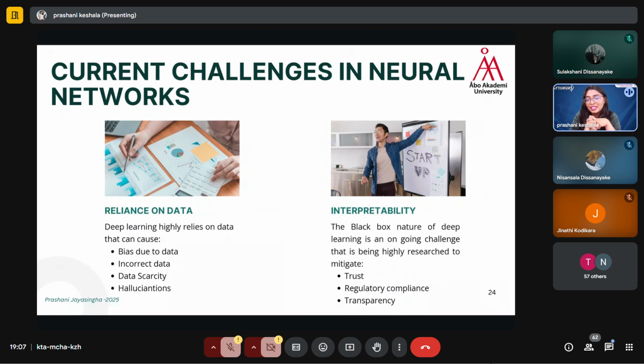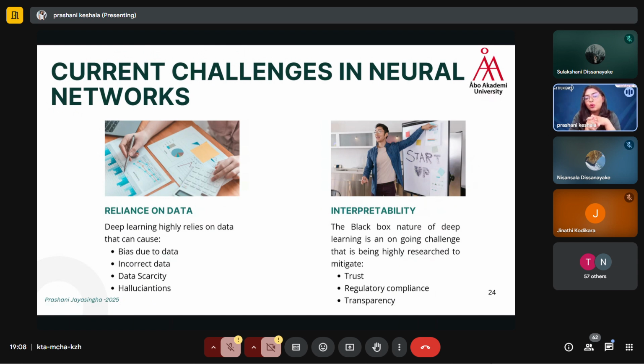And the reality is, data is not a 100% certain thing. It is very biased because you cannot ever have 100% unbiased data. It can be incorrect because whatever data is given, you won't check it one by one. You also have data scarcity.